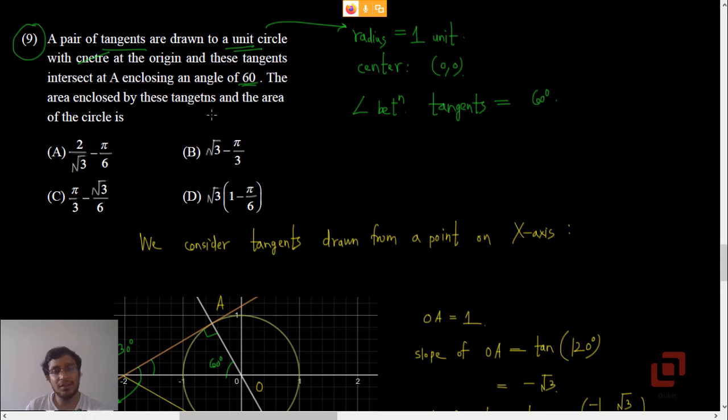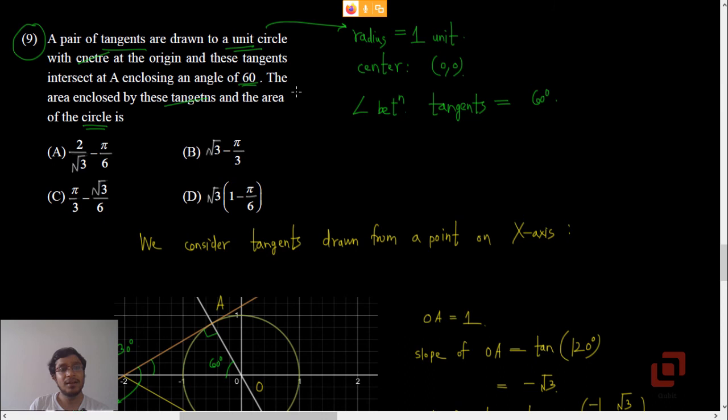Now what they are saying: the area enclosed by these tangents. Again, the positions of letters have been interchanged, but anyway, you read this as tangents. So the area enclosed by these tangents and the area of the circle is... See, when I read this problem for the first time, I actually got confused by the last part.